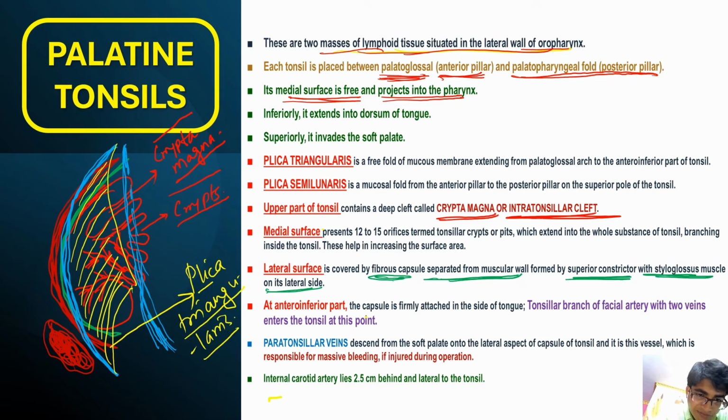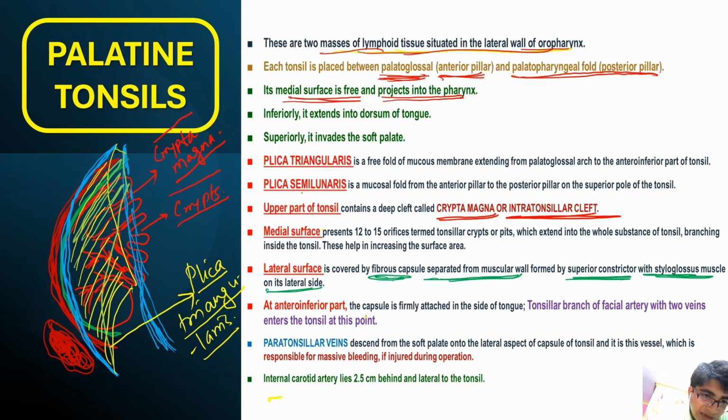Correct. Secondly, there is another mucosal membrane, which again comes out of the anterior pillar but goes up to the posterior pillar across the superior pole of the tonsil.